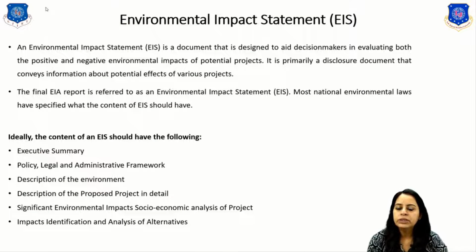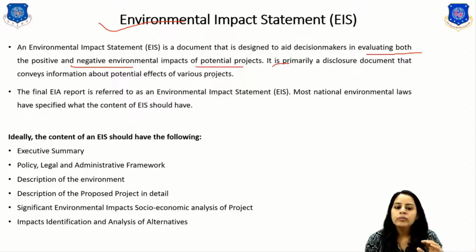Okay, the next one is the environmental impact statement. It means EIS. Okay. So the environmental impact statement is a document that is designed to aid the decision makers in evaluating both the positive and negative environmental impacts of the potential project, right? So it is a disclosure document that conveys the information about the potential effects of various projects.